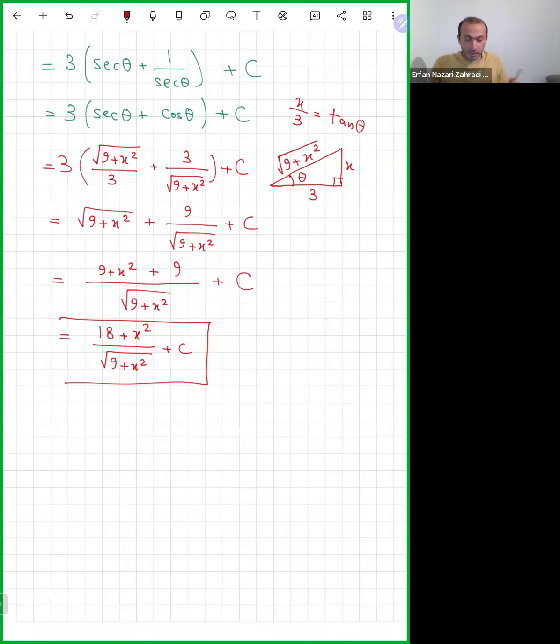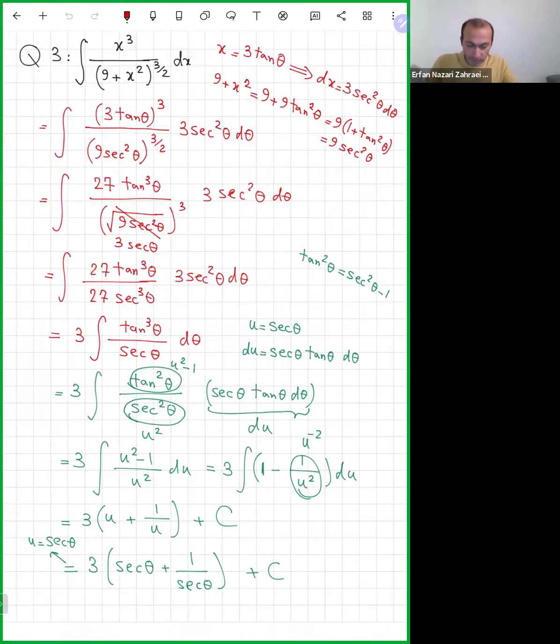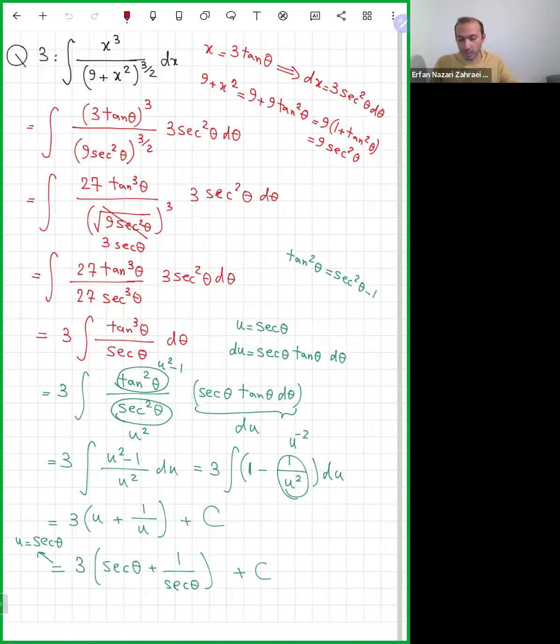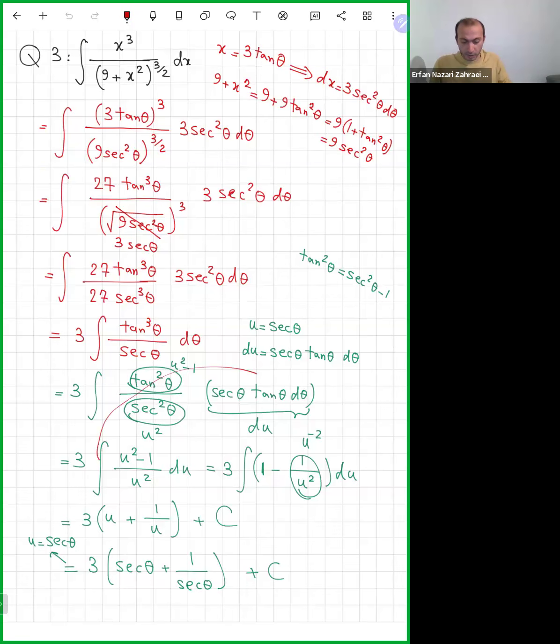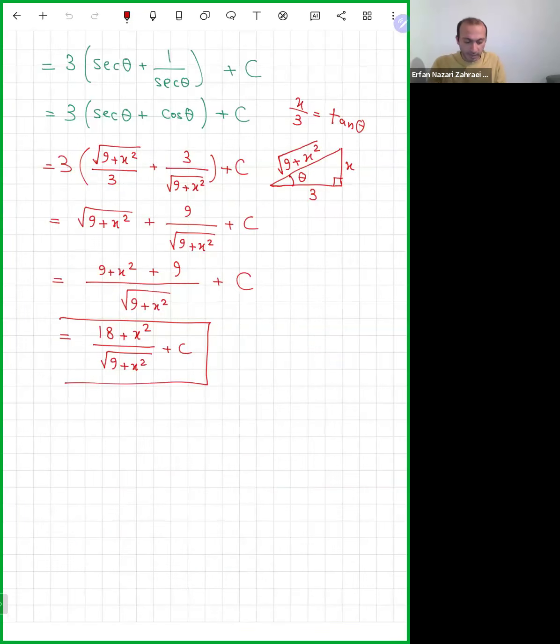Look how nice this question is. We did very non-trivial computations: trig substitution, trig integrals involving tangent and secant, replacing everything back in terms of x, and we got this simple antiderivative. You can check it as an exercise, like in MAT132, and take the derivative of this.